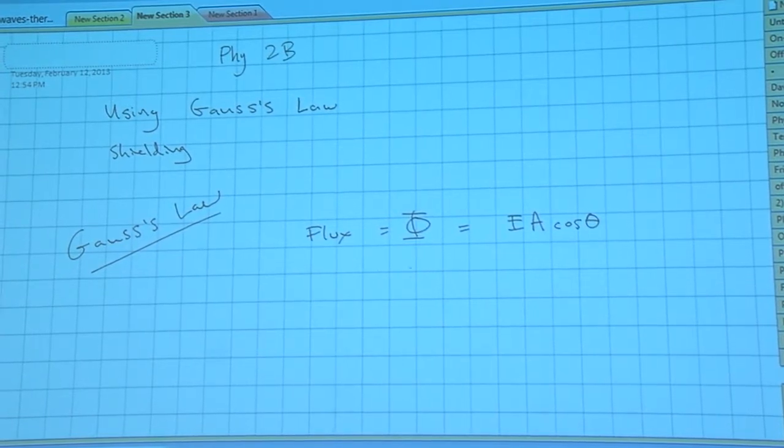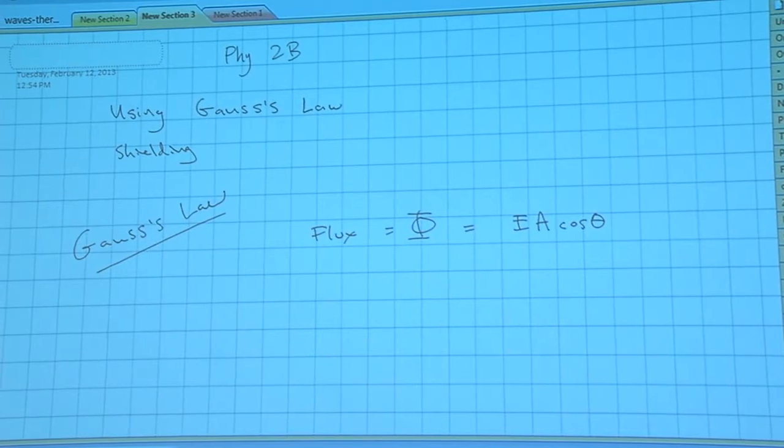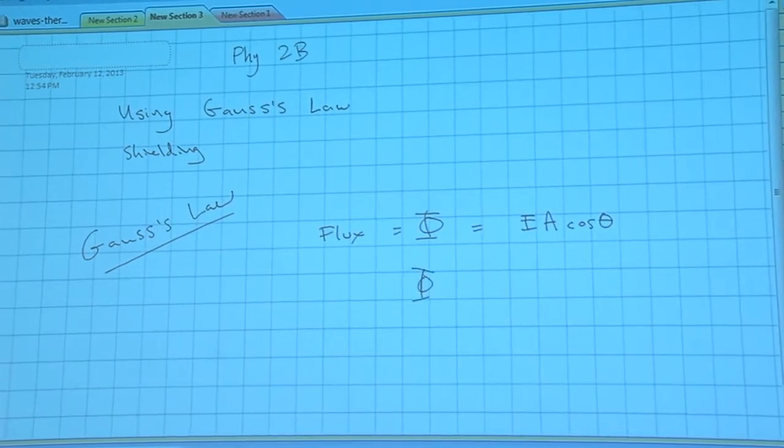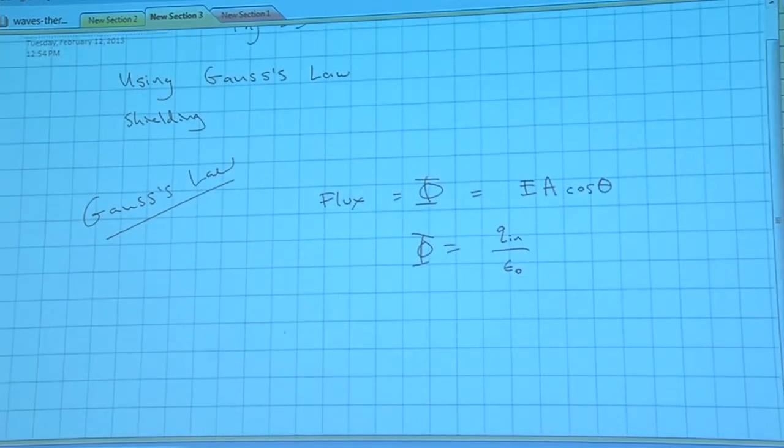And what else was the flux equal to? Flux was also equal to Q inside over a constant. And so if the flux is equal to the electric field times the area, and the flux is equal to Q in over a constant, then this must be true.